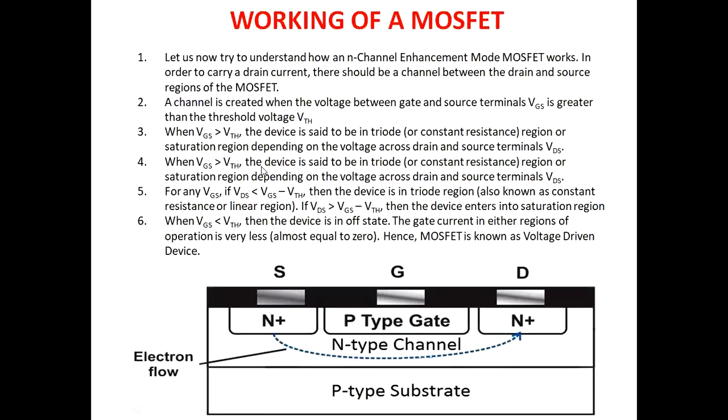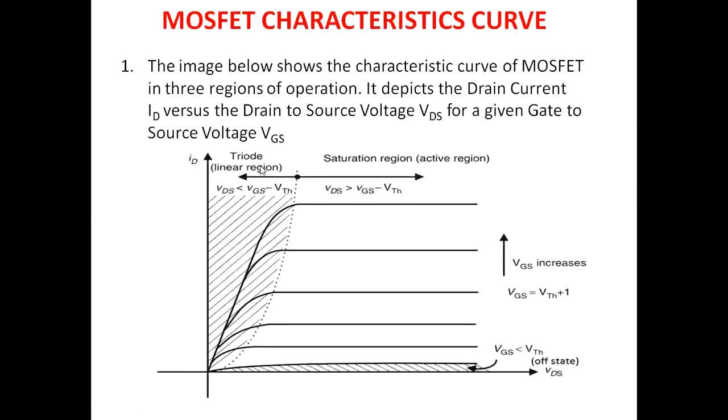Let's understand this point with the help of the characteristic diagram. This is the MOSFET characteristic curve. First of all, we need to understand that this is the drain current and this is the voltage between drain and source.